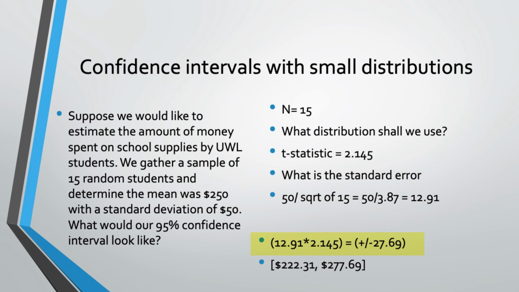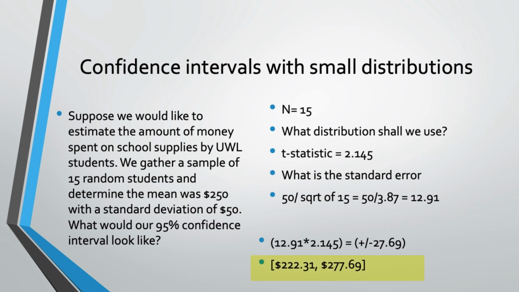27.69. So really what this is telling us is that that's the amount of variation we should expect if we were to expand this study to the broader population of all college students. So we take $27.69 and we add that to the mean and we subtract that from the mean.